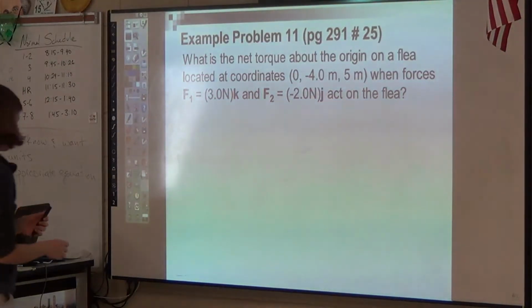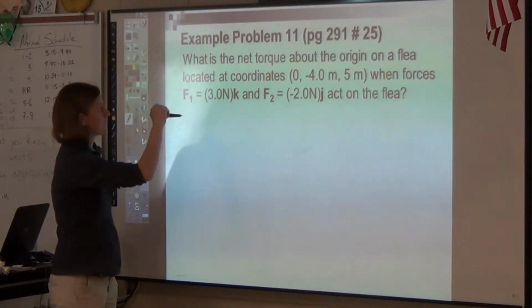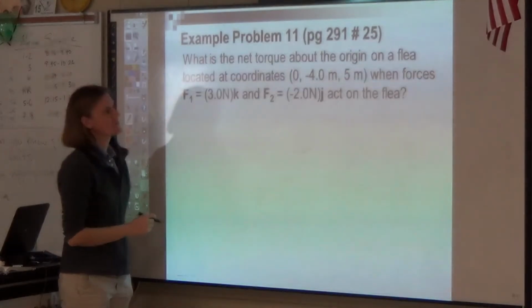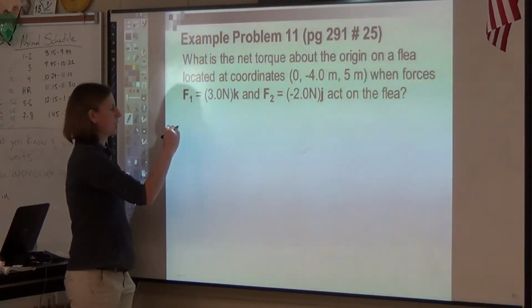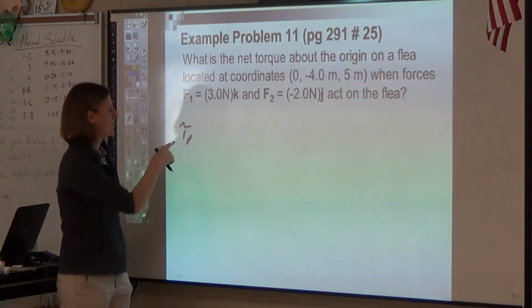Okay, applying that to a problem quickly. You have your R here, says what's the net torque about the origin on a flea located at these coordinates when it's 2 forces on it. So net torque, I'm just going to break it into torque 1 and torque 2, and then we'll add it up.